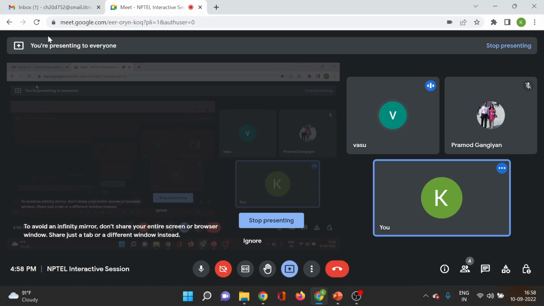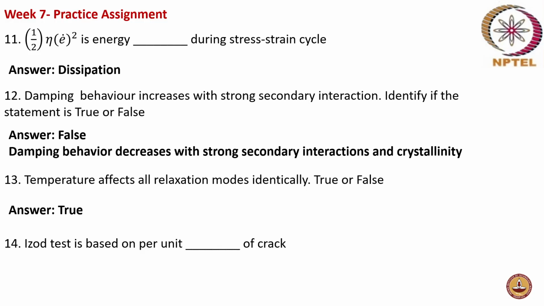Yes, ma'am. It is based on per unit length of crack, whereas the Charpy test is based on per unit area of crack. Okay, ma'am.